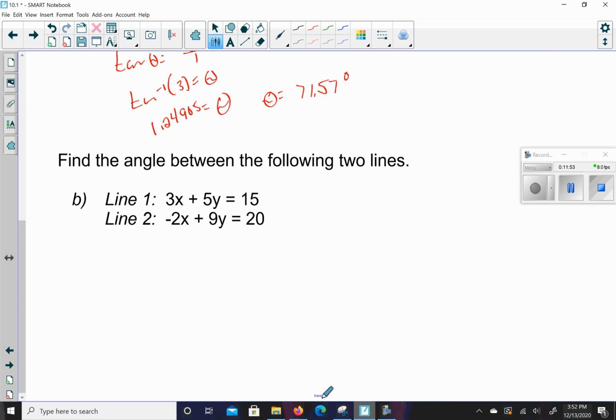So I have another one here. And so here I'm going to find the slope of line 1. So the slope of line 1 is going to be -3/5.